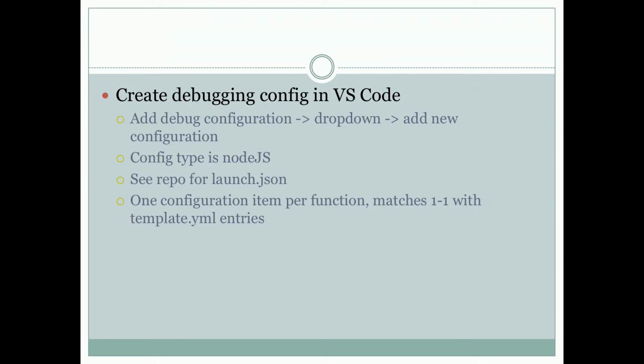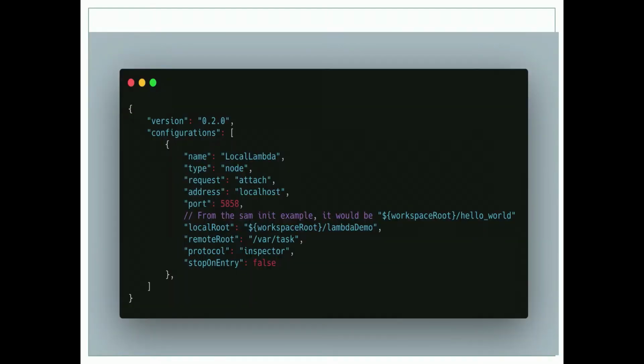And this is a quick example of what the really hard to see text looks like. But it's basically a JSON file with your configuration of how to connect VS Code to your template.yaml.